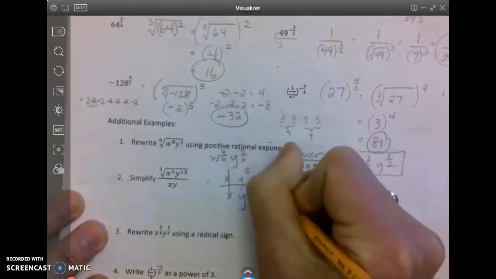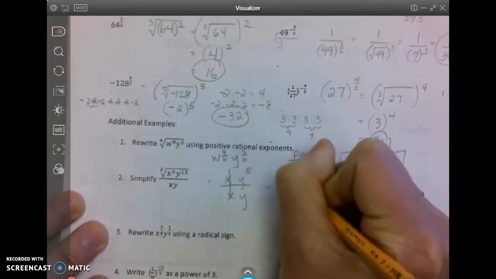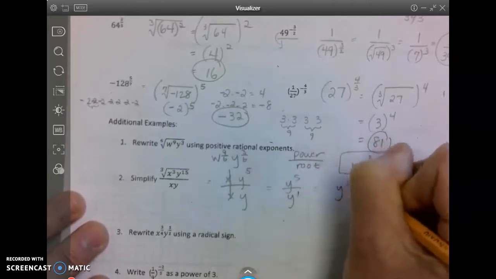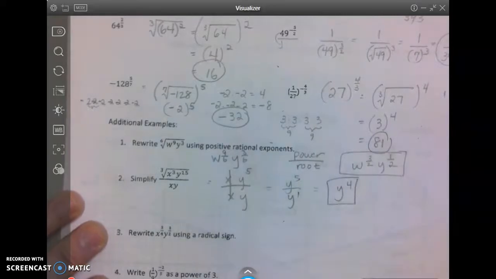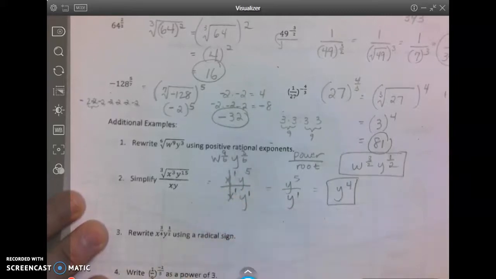These cancel, and I'm left with now y to the 5th over y. Remember, this is to the 1st, so that's y to the 4th. Remember, when you have a y, that's a y to the 1st, just like these were both to the 1st.